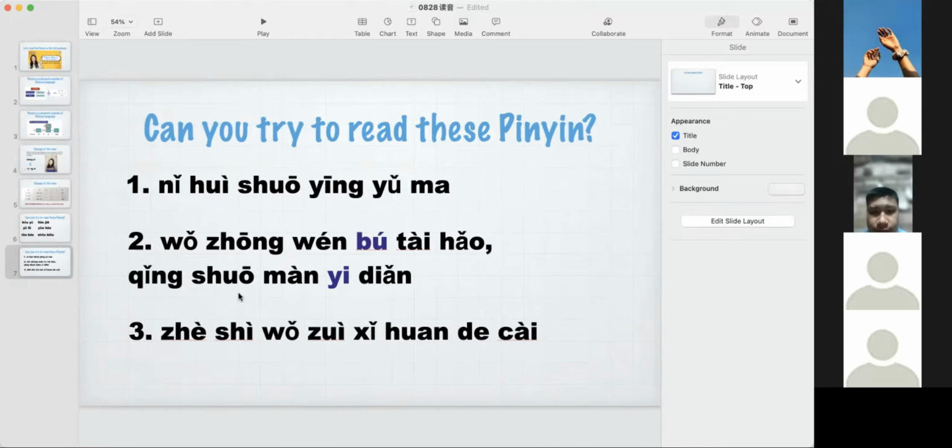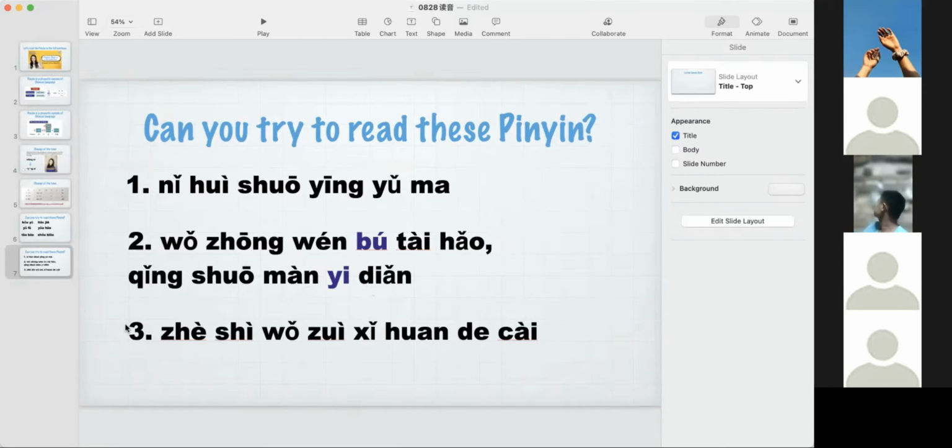Can you read the second sentence again? 我中文不太好, yes. 请说慢一点。Yes. And here, I didn't put any tone here because for 慢一点, when you speak, this is a neutral sound, which is a light sound. So 慢一点. And let's try the third sentence.